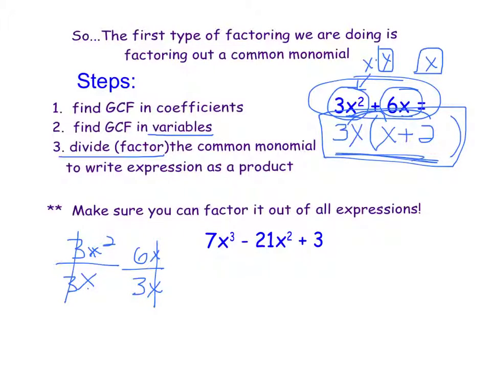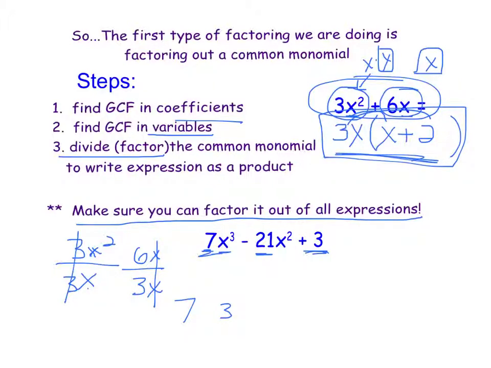So this is it. You're going to look at the coefficients, the variables, and then you're going to divide. And you need to make sure you can factor out of all expressions. So here, if I look at my numbers 7 and 21, they have a 7 in common. 21 and 3 have a 3 in common, but 7 and 3 don't have anything in common. So we can't factor out a number.